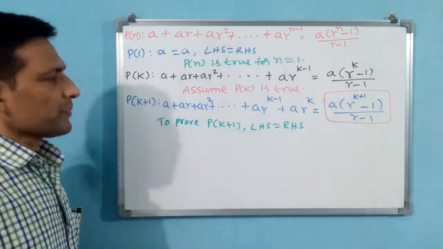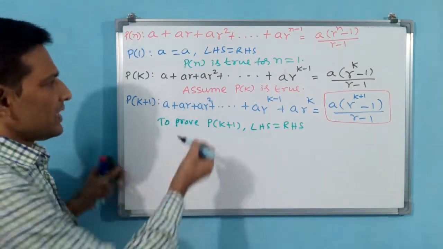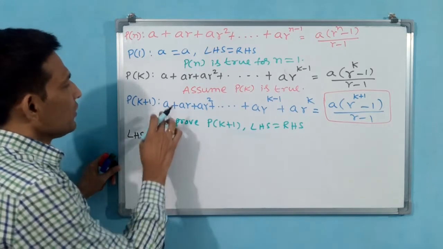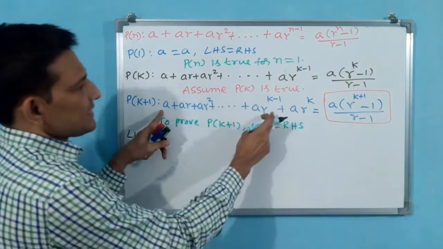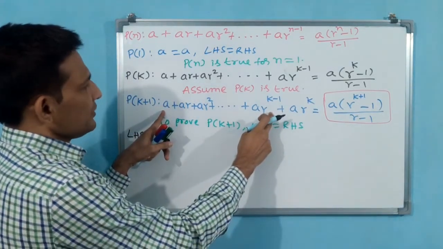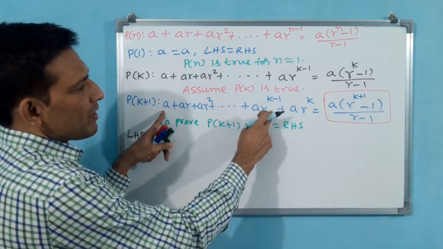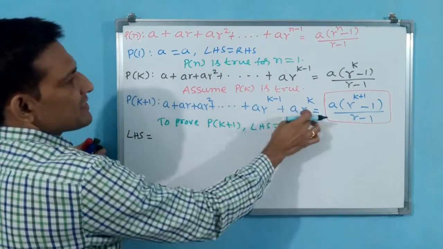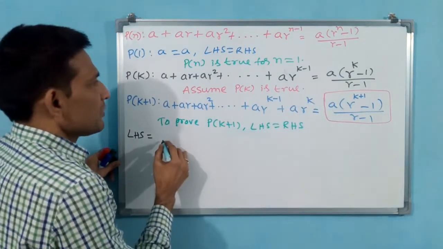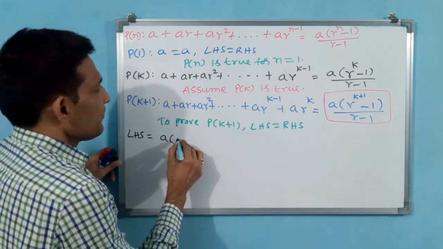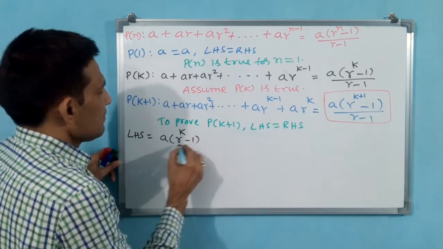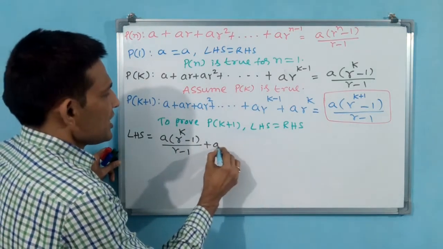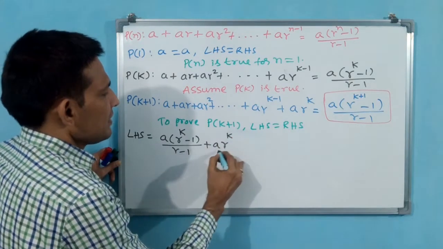Okay, next let us take LHS of this P of k plus 1. LHS is equal to, while taking LHS, up to A into R power k minus 1 you have got some result. You copy this plus AR power k. You write down A into R power k minus 1 divided by R minus 1 plus A into R power k divided by 1.